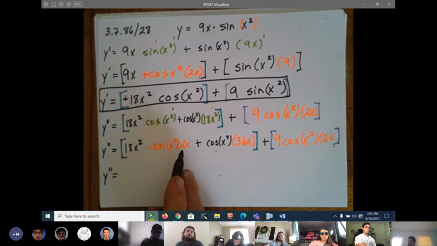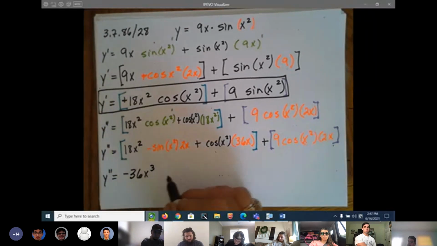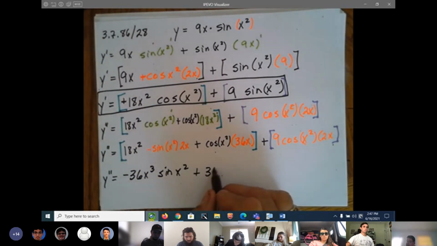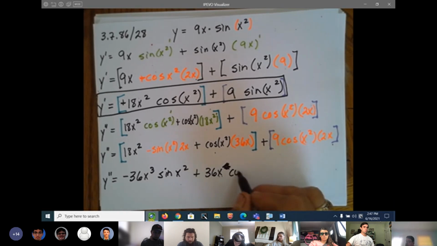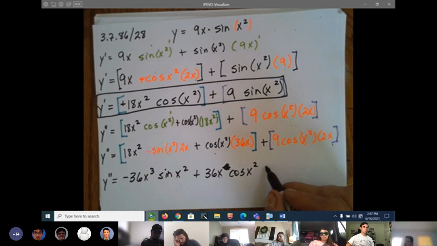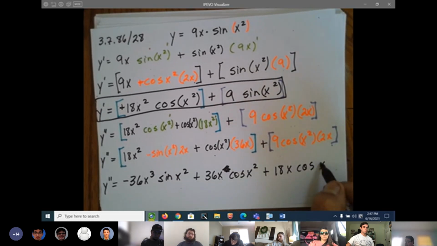So negative 2x times 18 is negative, y'all help me out, 36x cubed sine of x squared, plus 36x times cosine of x squared, plus 18x cosine of x squared.